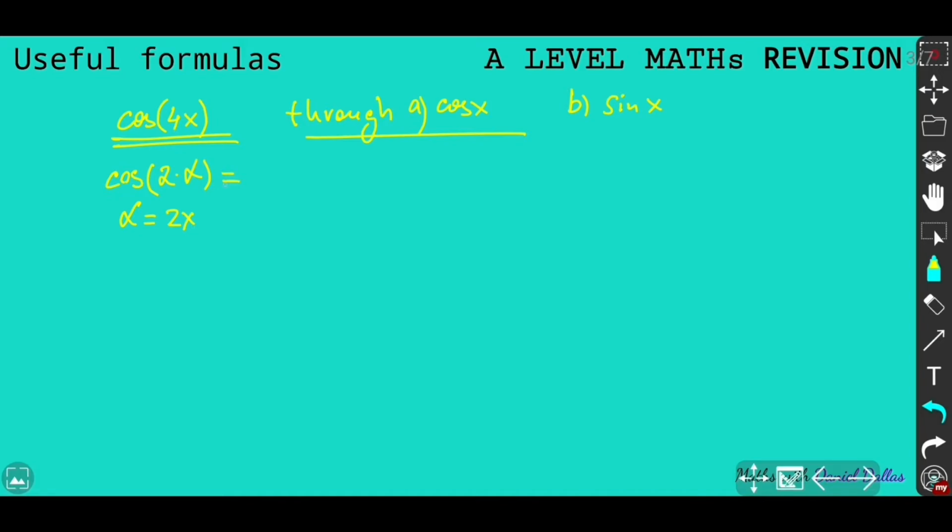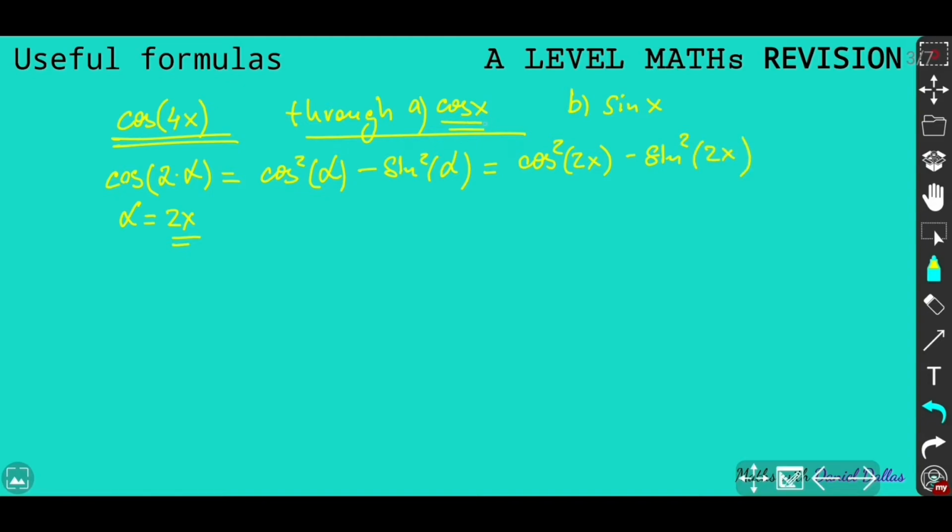All right, so let's see. It's going to be, by definition, cos squared of alpha minus sine squared of alpha. And instead of alpha, you still can use 2x. So you'll get cos squared of 2x minus sine squared of 2x again.